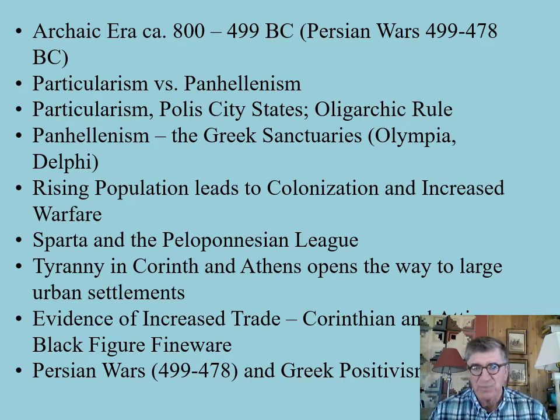The great tyrannies we'll look at are that of the Cypselids in Corinth in the late 600s BC and the Pisistratids in Athens in the middle 500s BC. And what these tyrants did was increase trade, increase finished production, and convert their states into export producing, trading communities. Both of these cities became very large.